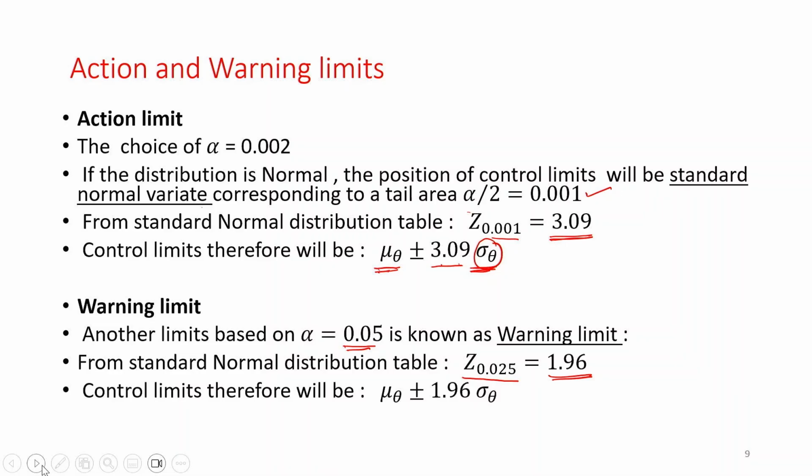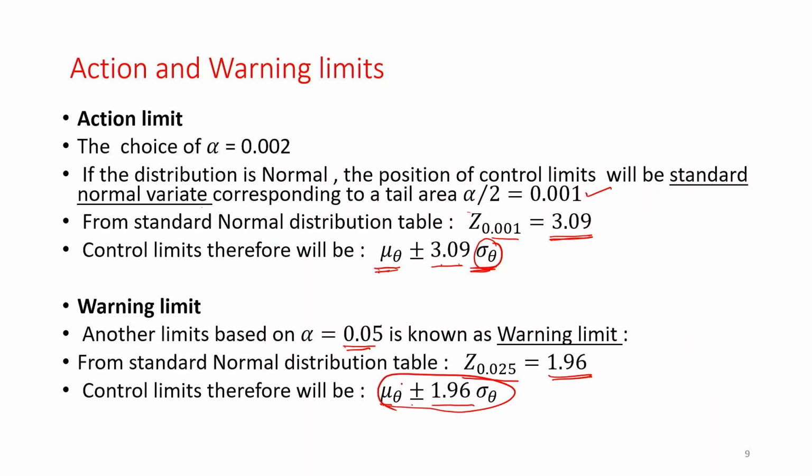That you can also find from the table, and therefore the control limits will be mu theta plus minus 1.96 sigma theta.